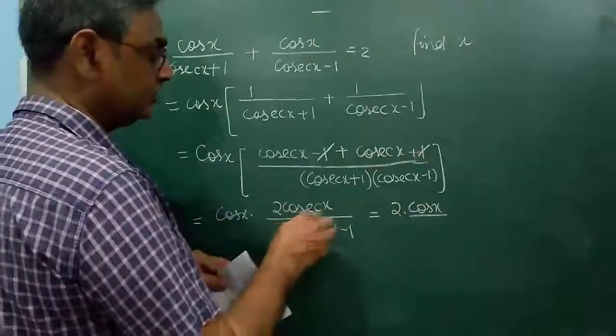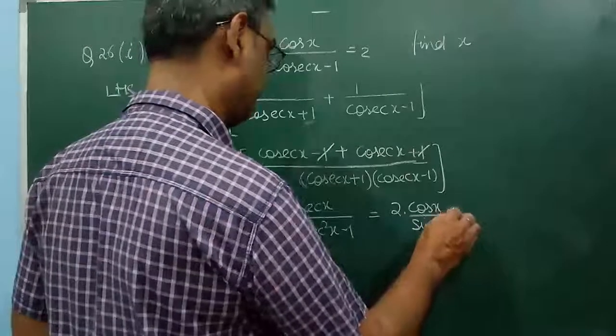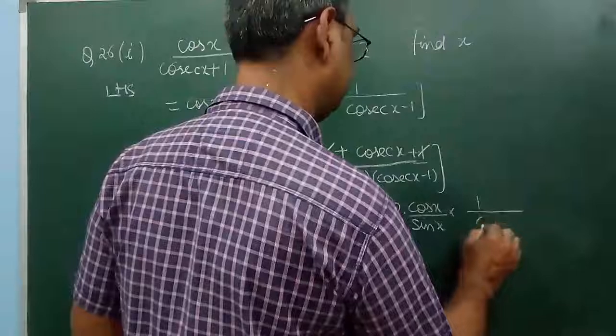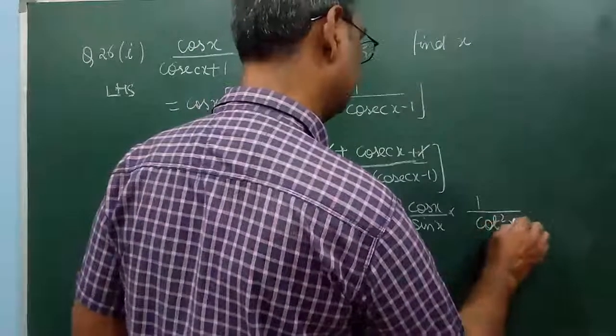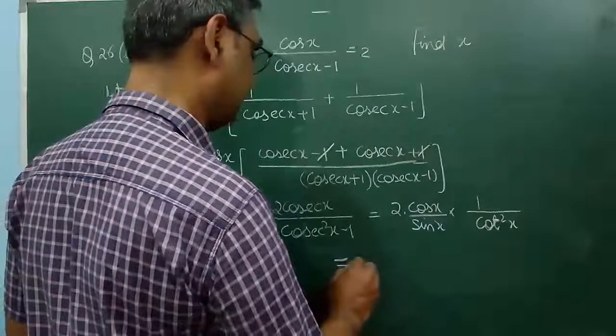What is cosec x? Cosec x is 1 upon sin x, so we can put it here. Cosec square x minus 1 is cot square x.